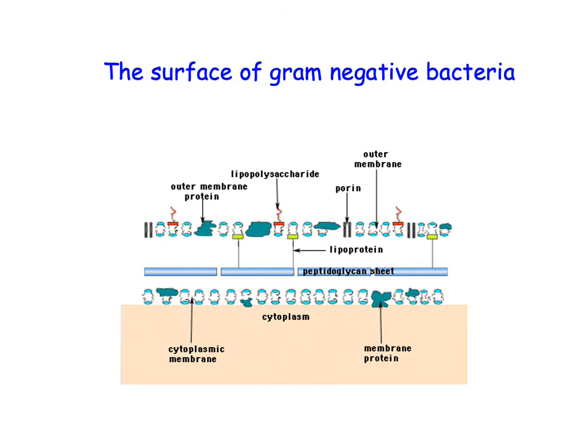The gram-negative, again, starting at the bottom inside the cell, is surrounded, just like gram-positives, by a lipid bilayer. Then there's a very thin sheet of peptidoglycan, and then outside of that is another lipid bilayer with the lipopolysaccharide on the outside surface of the bilayer.